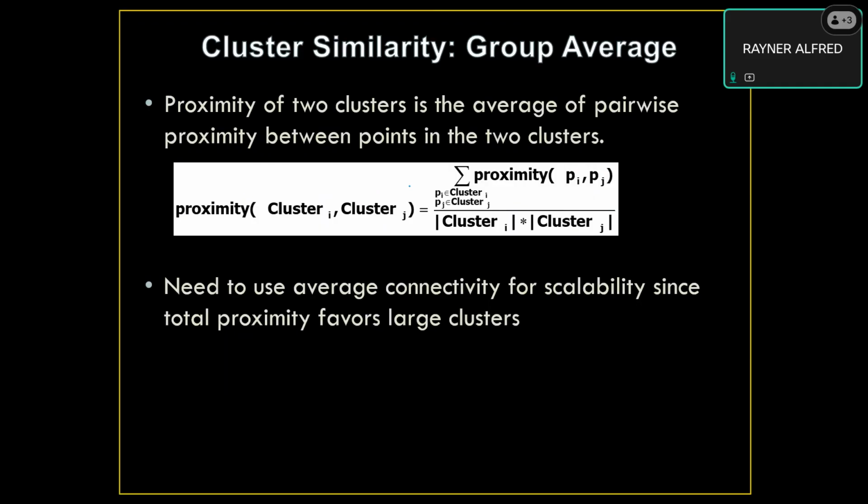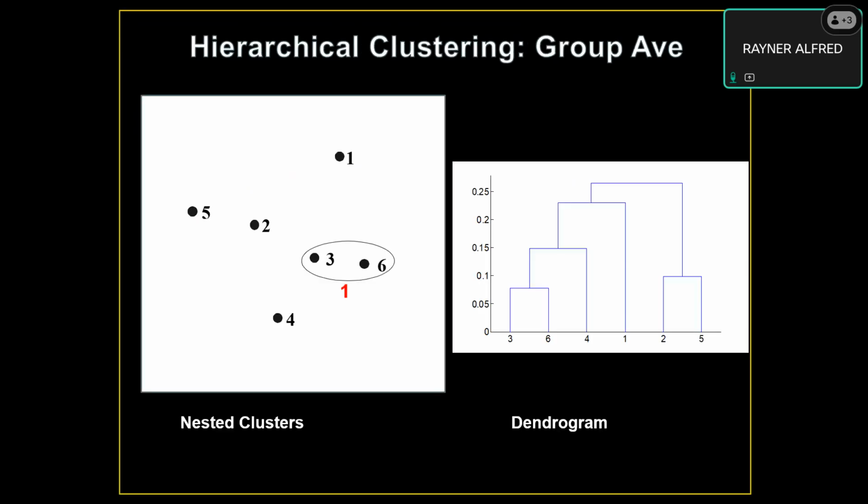Okay. To solve this issue, we can also use group average. So basically, we are looking at the average distance between the clusters. So basically, to find the distance between this cluster to this is basically finding the average distance here, finding the average distance of two.